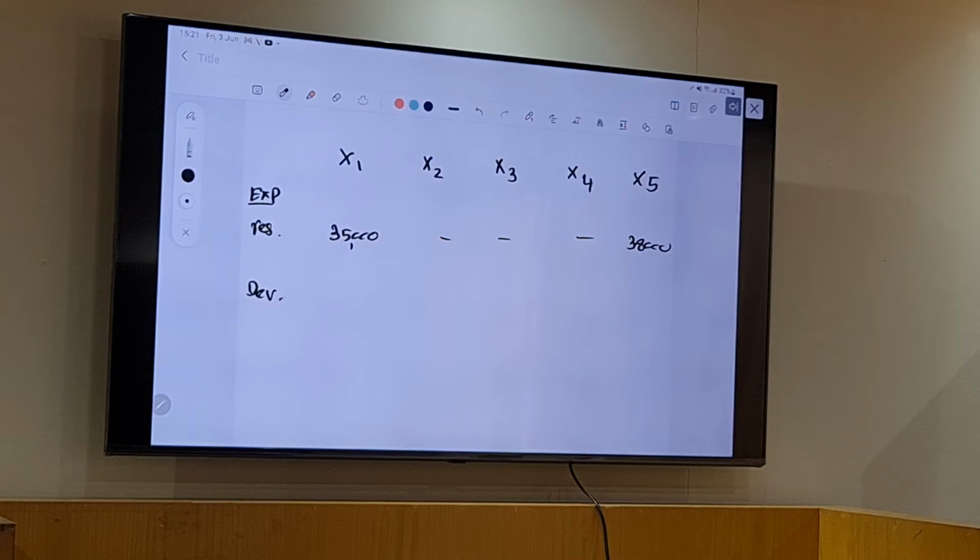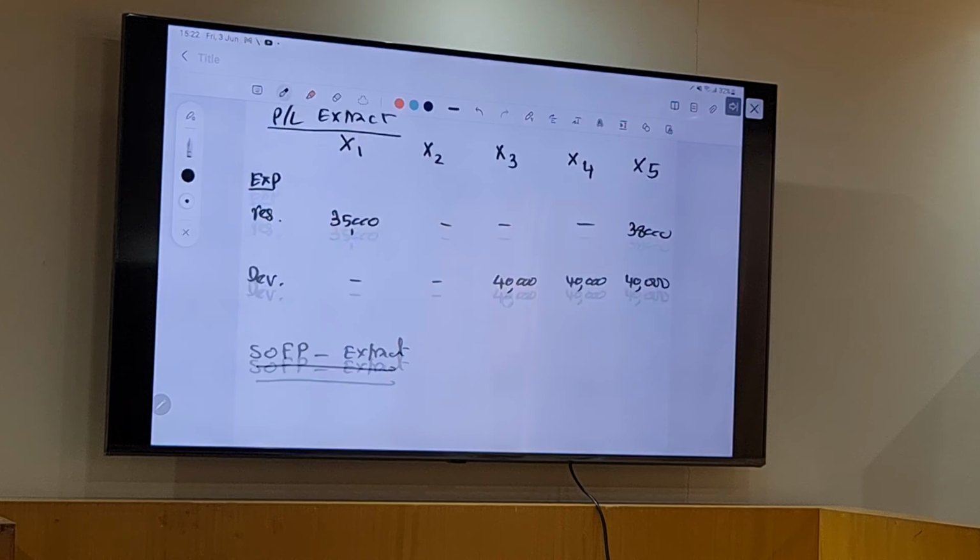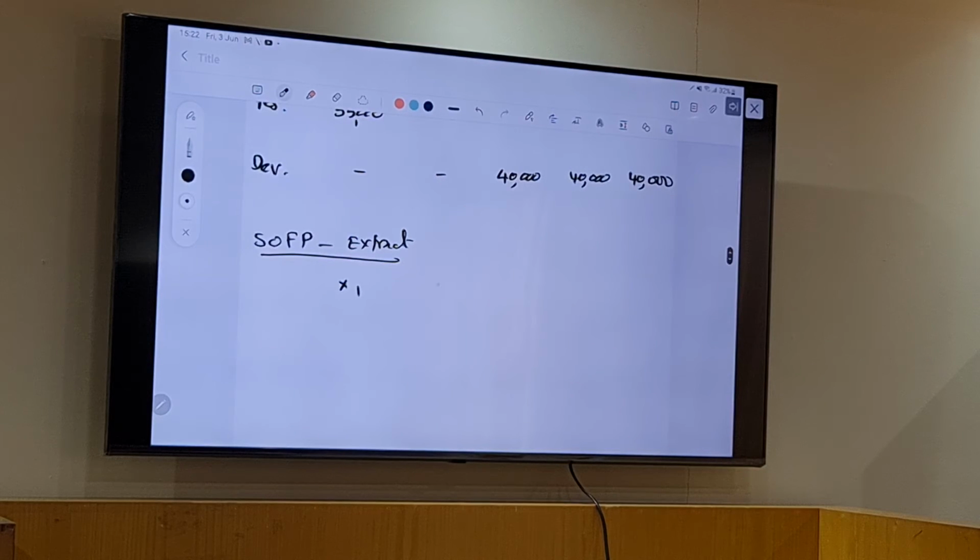Development expenditure, nothing here, but these 3 years. Is that clear? This is P&L. Now, statement of financial position: X1, X2, X3, X4 and X5.